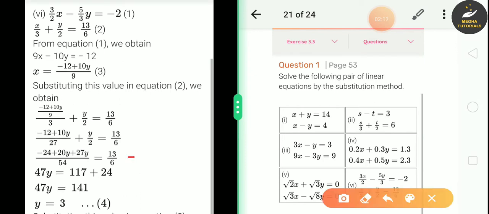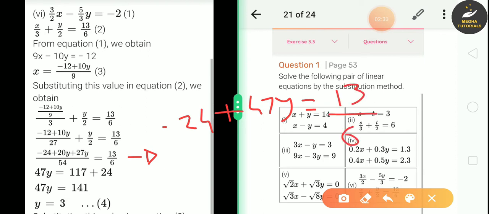Then consider next step of this. 20y plus 27y is 47y, so you can write minus 24 plus 47y and transpose 54 on the right hand side, so 13 upon 6 into 54. So 6 one the 6 and 6 nine the 54 and 13 into 9 is equal to 117.